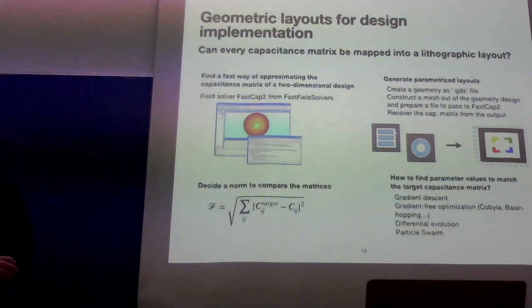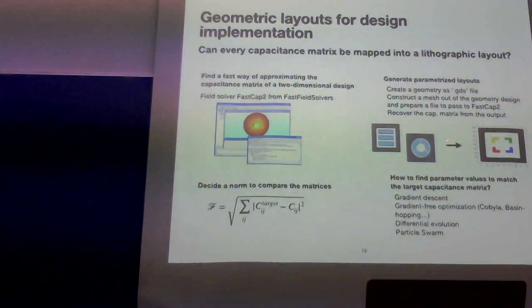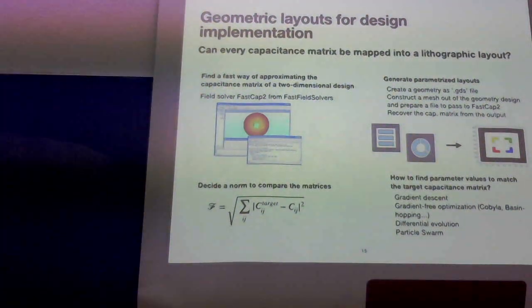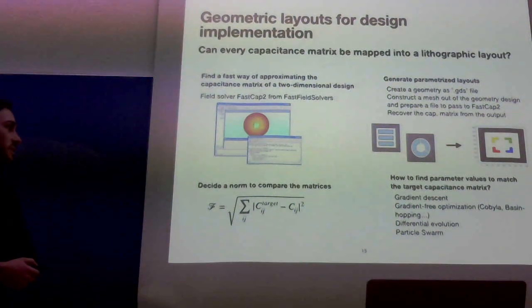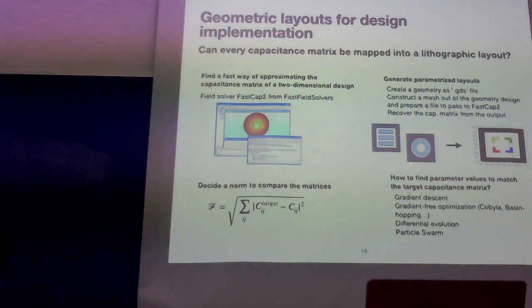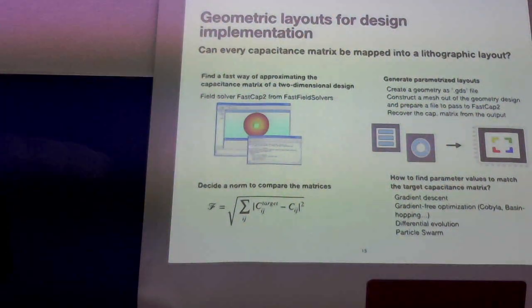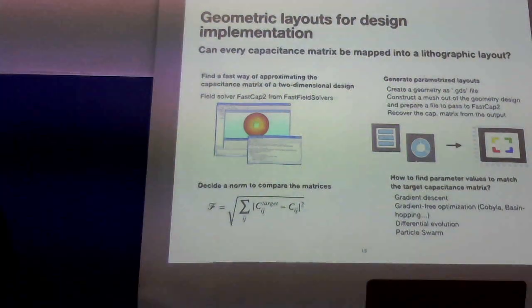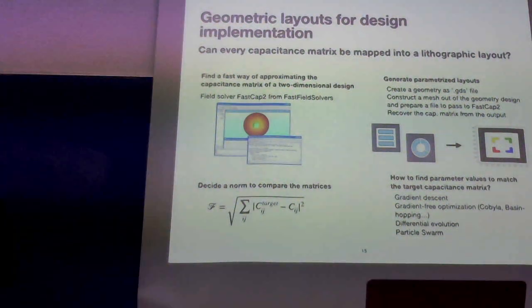We generate these designs, parameterize them, and generate a mesh to be able to simulate it using FEM, finite element method simulations. We decide norms to compare the matrix, and we used different optimization methods to try to find the optimal values of these parameterized designs that match the capacitance matrix we're interested in.